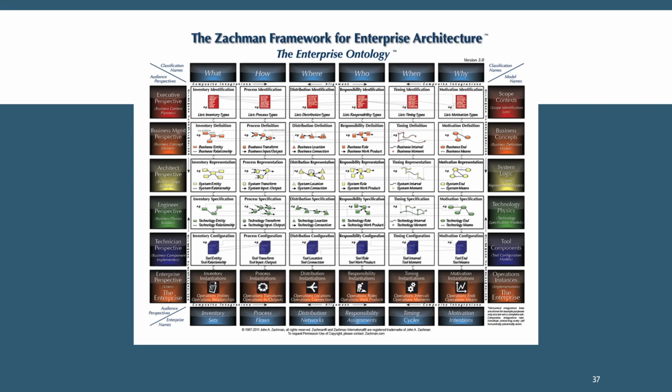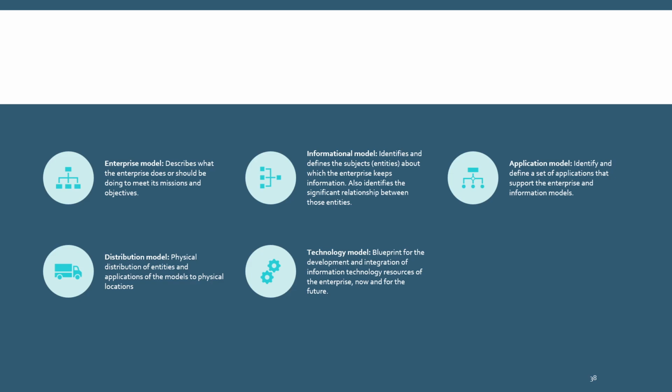And at the end, the Zachman framework for enterprise architecture is going to have an enterprise model that describes what the enterprise does or should be doing to meet the mission. It has an information model that identifies and defines the subject entities about which the enterprise keeps information.